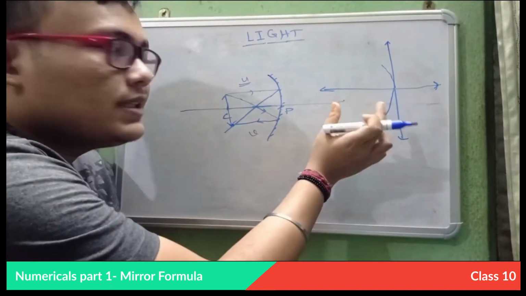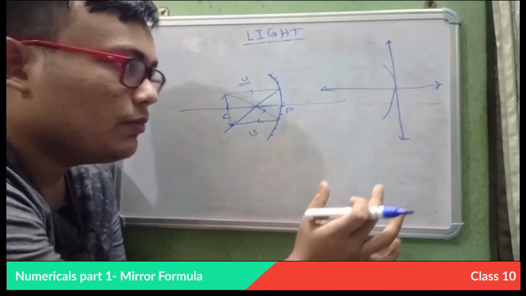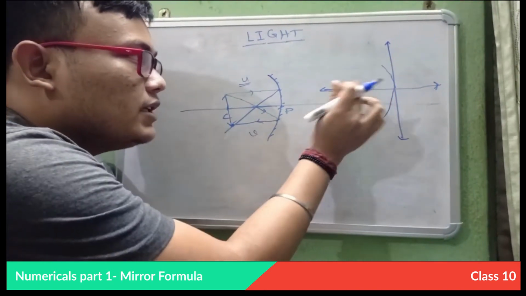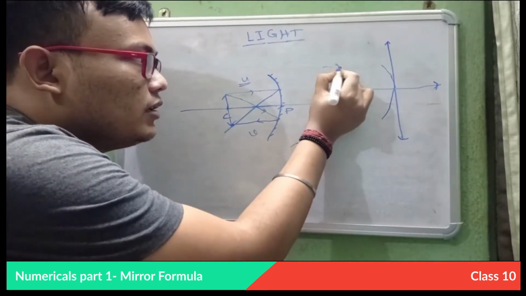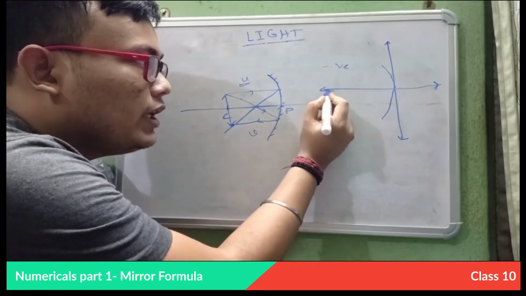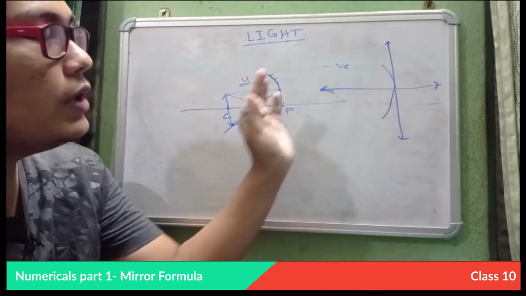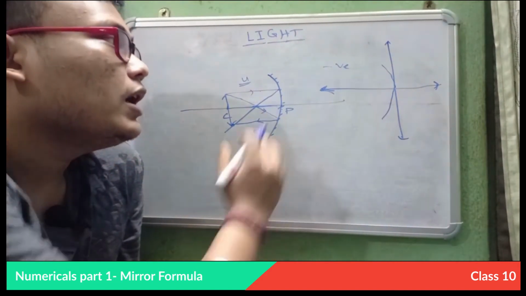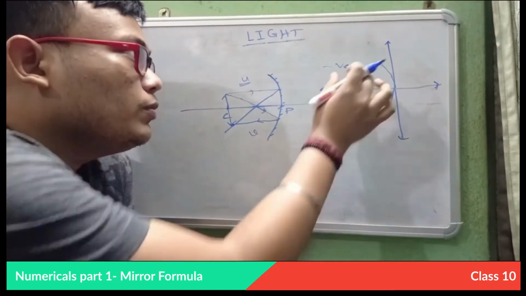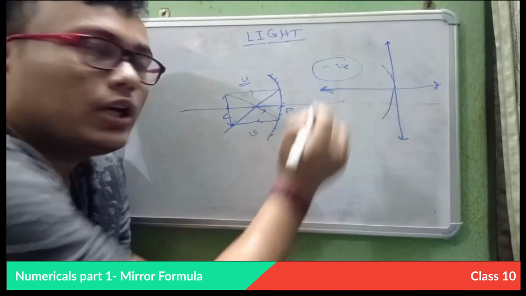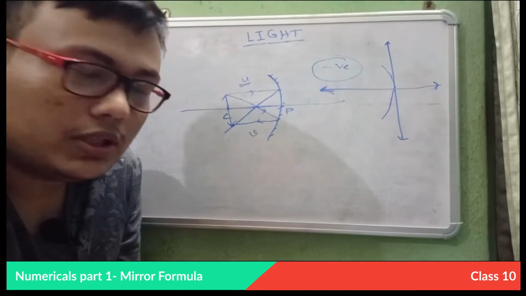So any distance which is in front of the mirror lies on the negative x-axis, right? Any distance which is calculated in front of the mirror, that is to the left side of the mirror, should be considered as negative. This is what sign convention tells us.